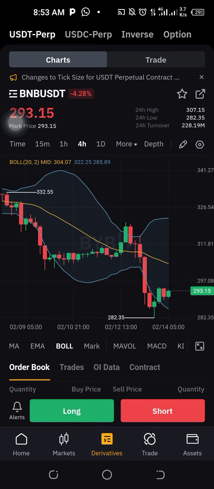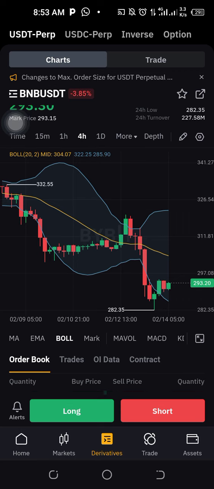So this is just a very simple strategy. Rule number one, make sure you make use of 4 hours time frame to analyze the market. Very, very important. Rule number two, execute the trade first on Binance using a smaller amount of your capital. Maybe you can use $2 or $3, then reduce the X to maybe 1 or 2X.